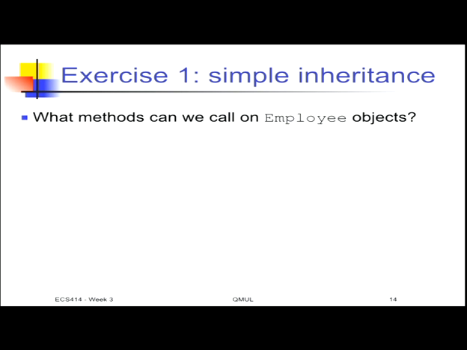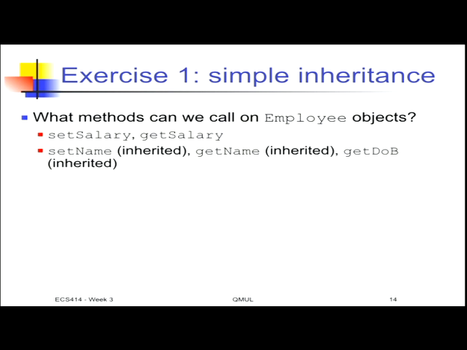So, if we have an object of type Employee, what methods can we call? We can call setSalary and getSalary, of course, because we declared setSalary and getSalary inside the class Employee, so that's fine.